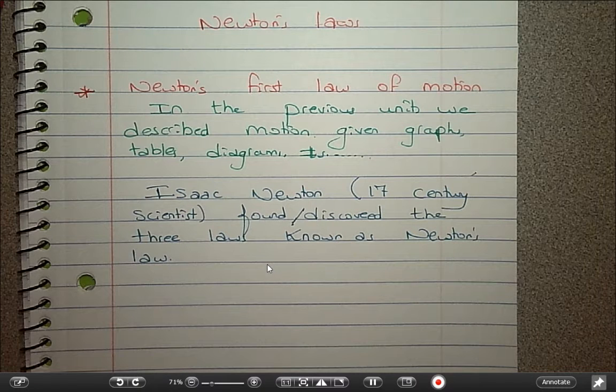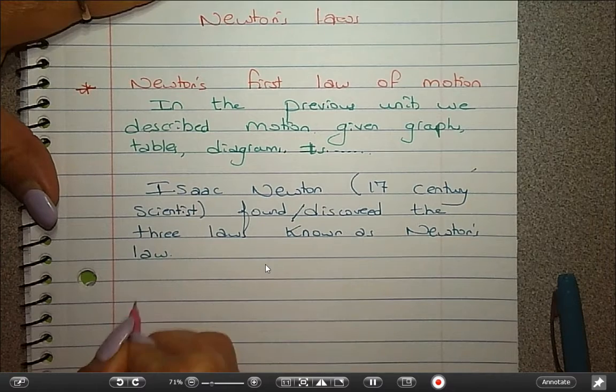And an object in motion is going to stay in motion with the same direction and the same speed, unless there is a force acted upon that object. So let's just summarize this, Newton's first law.